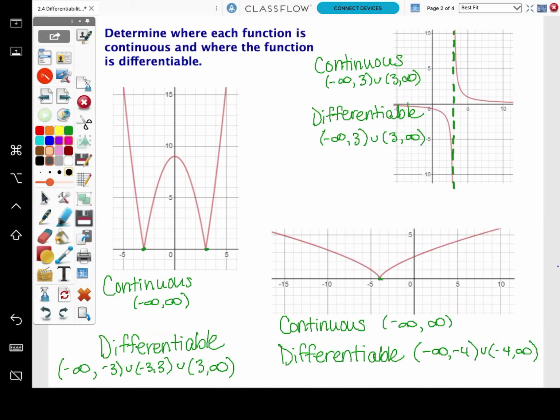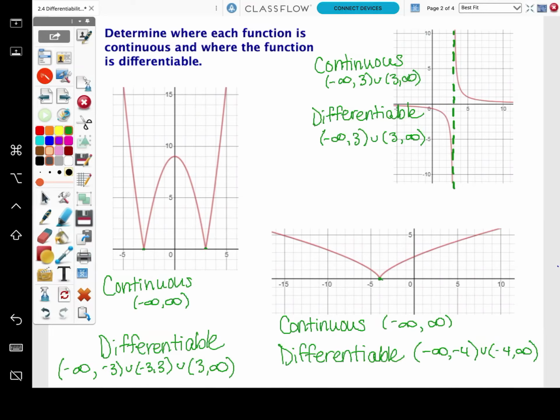This one off to the left-hand corner kind of looks like the silhouette of a person with their hands in the air. We have two sharp points. I did not mean to erase them. Two sharp points, one there, okay? But it is a continuous function. Those aren't holes, right? I didn't cover anything up there. So it's nice and smooth until it hits the x-axis and bounces off, and then hits it and bounces off again. So it is continuous everywhere. Not a problem there.